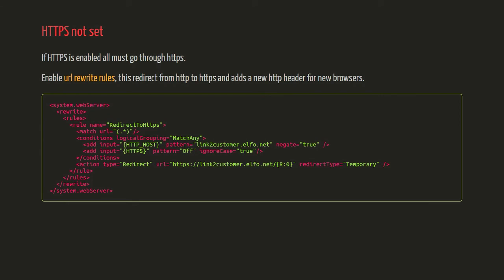In case Fortify tells you that HTTPS is not correctly set, maybe the problem can be that when HTTPS is enabled, all must go through HTTPS. And so you have to enable URL rewrite rules. In this way, this redirects from HTTP to HTTPS and adds a new HTTP header for new browsers.